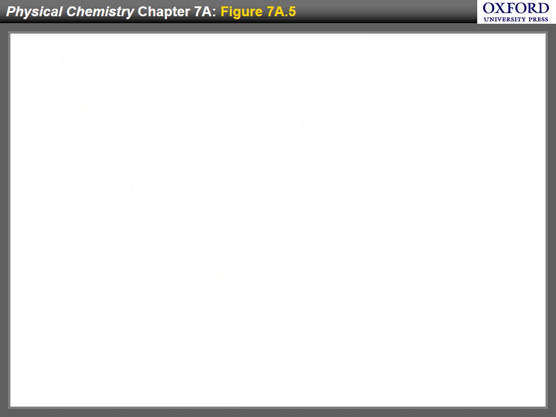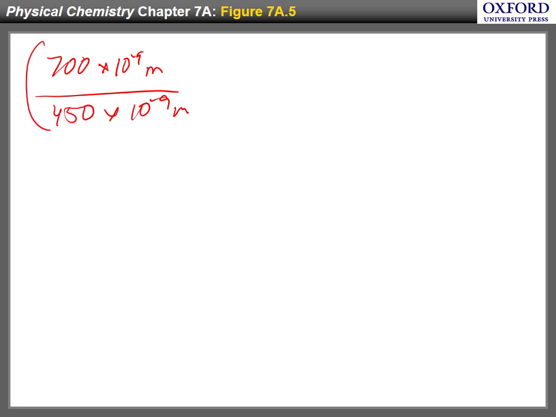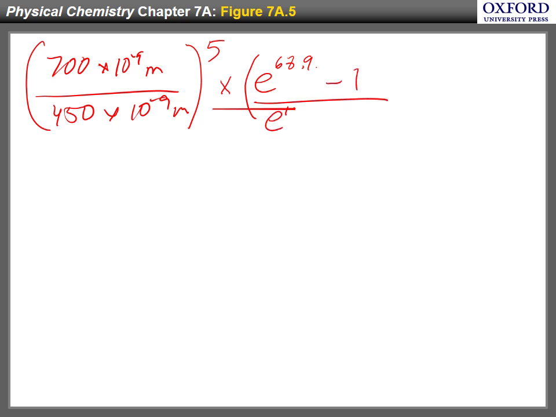From our initial equation, it equals 700 times 10 to the minus 9 meters divided by 450 times 10 to the minus 9 meters, all of this to the fifth power, times, now we have calculated this already, e to the 68.9 something minus 1 divided by e to the 107.2 something minus 1.